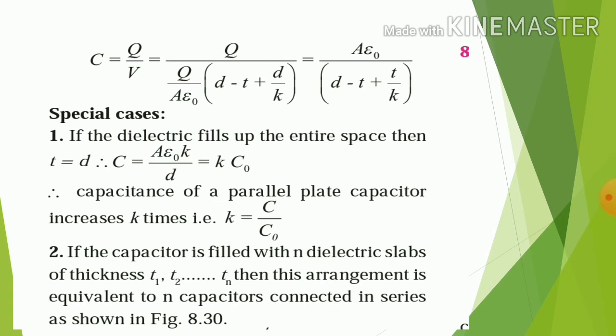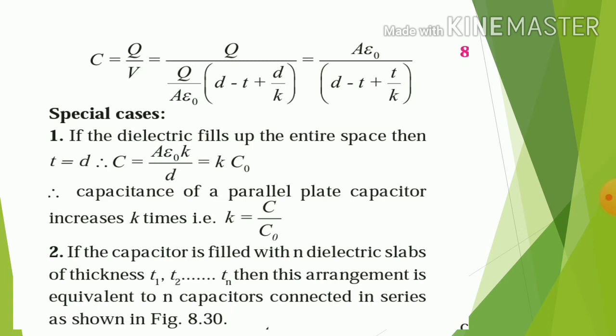Capacity of a capacitor filled with a thin dielectric slab: C equal to A epsilon 0 divided by d minus small t plus small t upon K. This is the required expression for the capacity of capacitors or condensers filled with a thin dielectric slab in between two parallel plates of the condenser or capacitor.